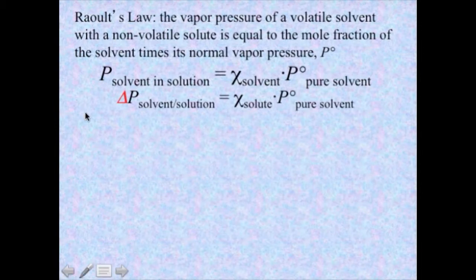So if you want to calculate the new vapor pressure, it will be equal to the mole fraction of solvent times the original vapor pressure of the pure solvent. The change in vapor pressure is equal to the mole fraction of the solute times the original vapor pressure of the pure solvent.